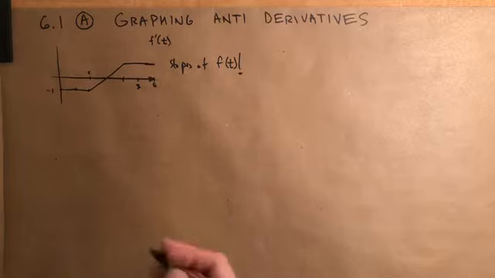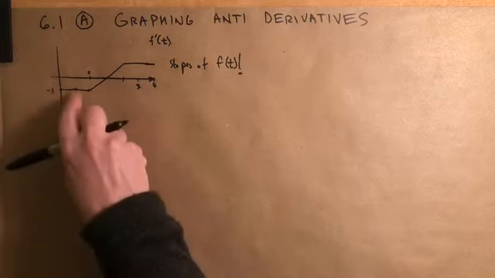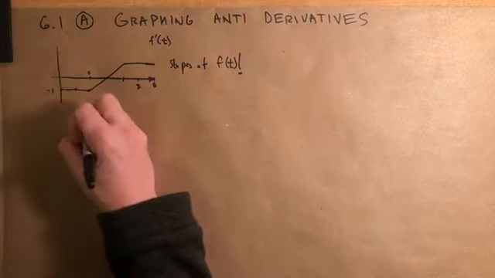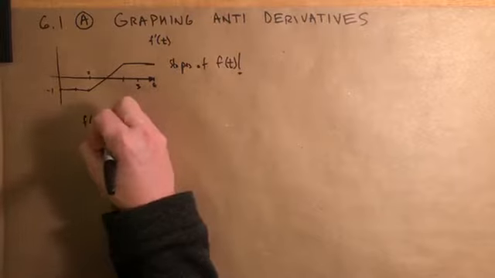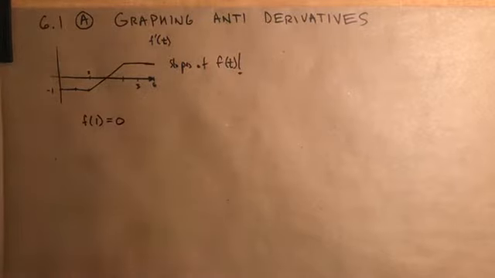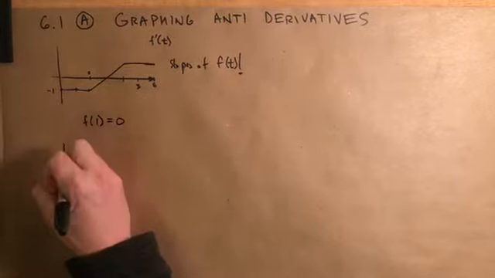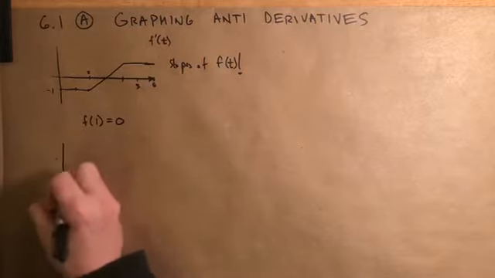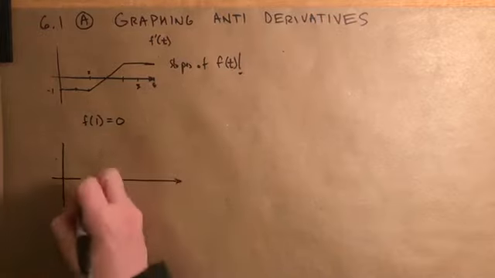And so I'm going to have some seed value. And the seed that I'm going to start out with is, let's suppose that f of 1 equals 0. So let's begin to graph together here. And I think f of 1 equals 0 is a great place to get started.